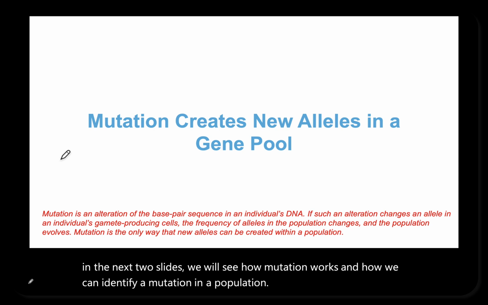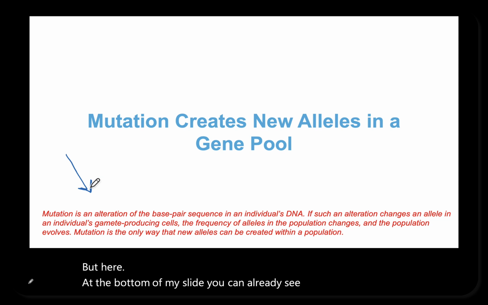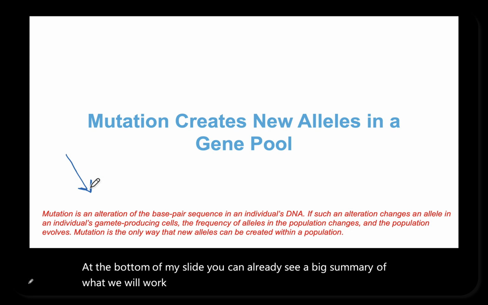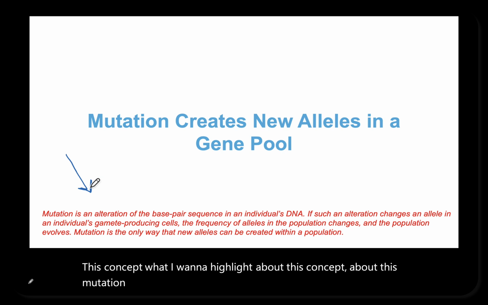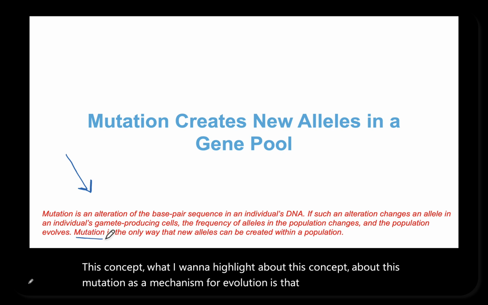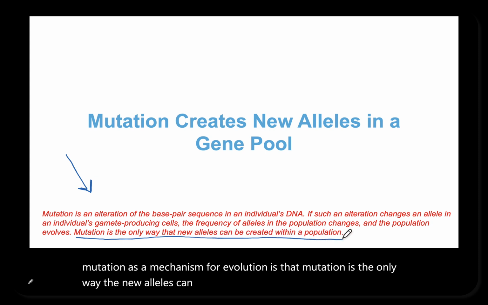But here, at the bottom of my slide, you can already see a big summary of what we will work through for this concept. What I want to highlight about mutation as a mechanism for evolution is that mutation is the only way that new alleles can be created.